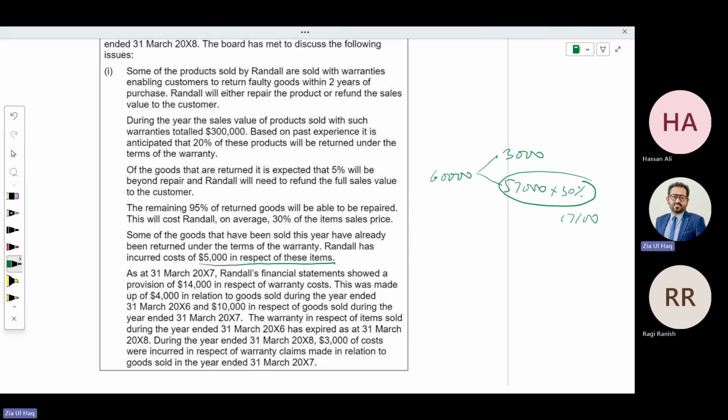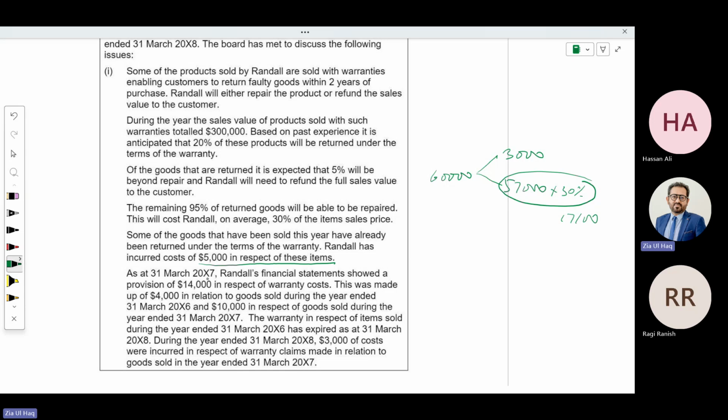This means they have already incurred the cost of 5,000. So if we deduct 5,000 from 17,100, that is 12,100, plus 3,000, 15,100. They need to create a provision of 15,100, because for 5,000 the cost is already incurred.